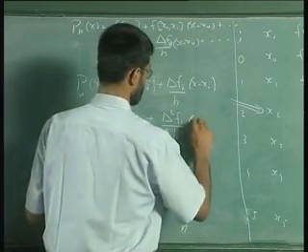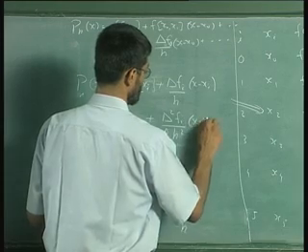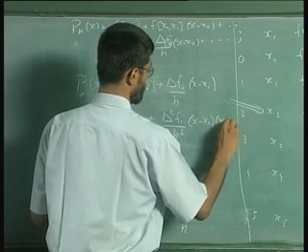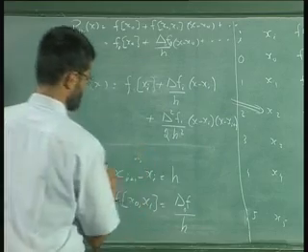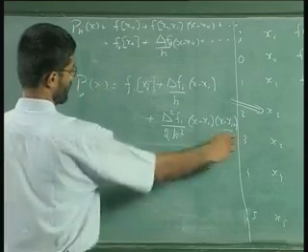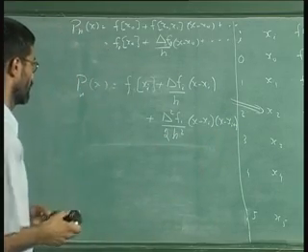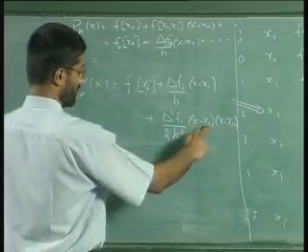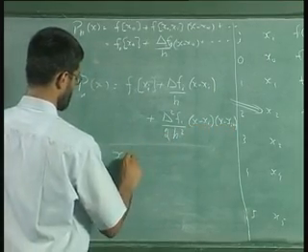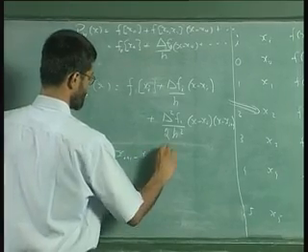Then you will get x minus xi into x minus xi plus 1, and then there will be other higher order terms in this case. Now, we know that xi plus 1 minus xi is h, right.